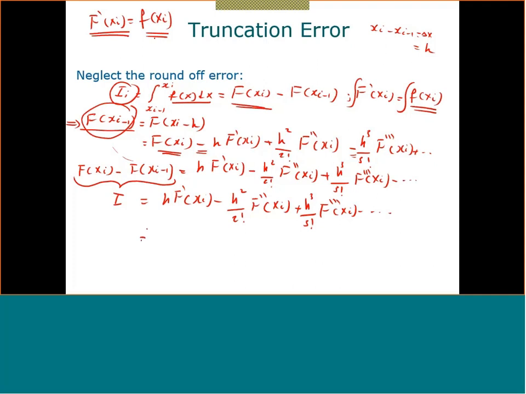So this becomes h f of x_i minus h squared over 2 factorial f prime of x_i plus h cubed over 3 factorial f second derivative of x_i, and so on and so forth.